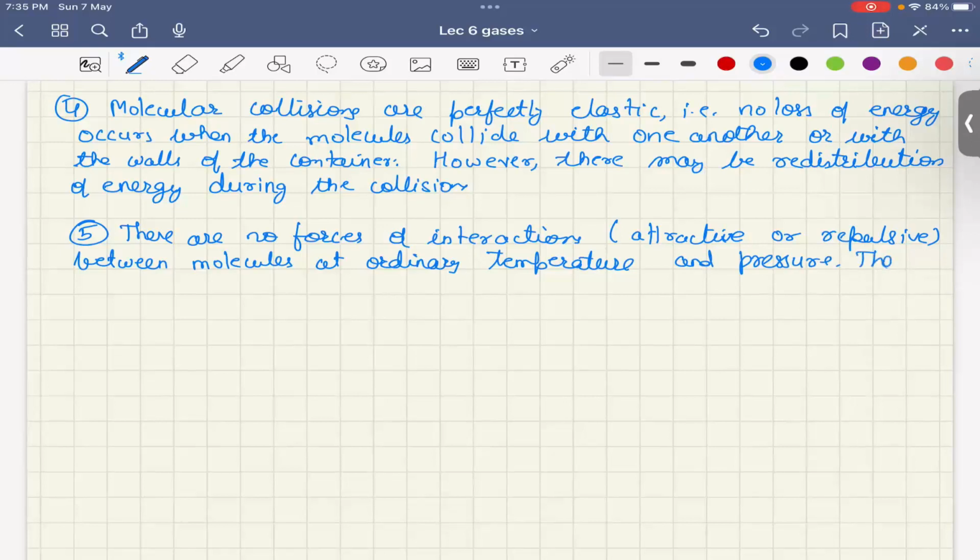That means they move completely independent of one another.